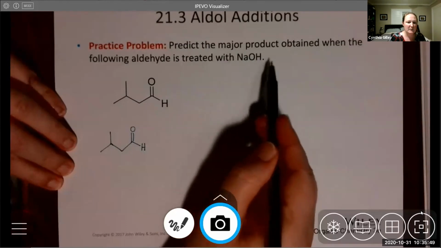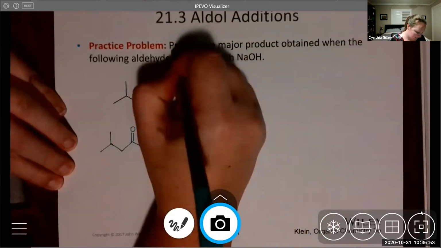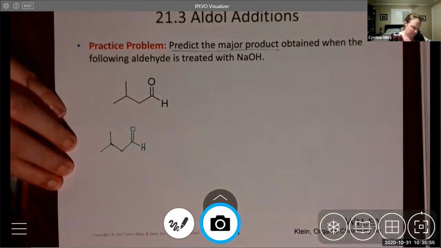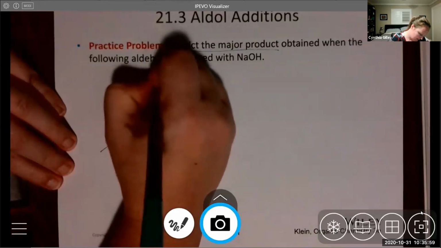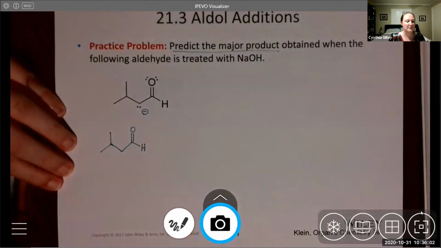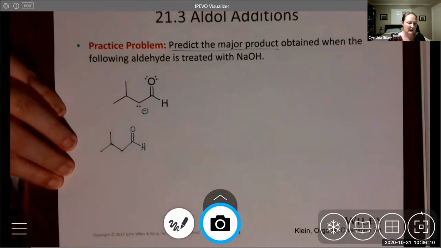I'm not going to draw the full mechanism here because I wasn't asked to draw the mechanism. I was only asked to predict the major product. So I'm just going to go to one of the resonance structures of the enolate and just go ahead and directly form the enolate.